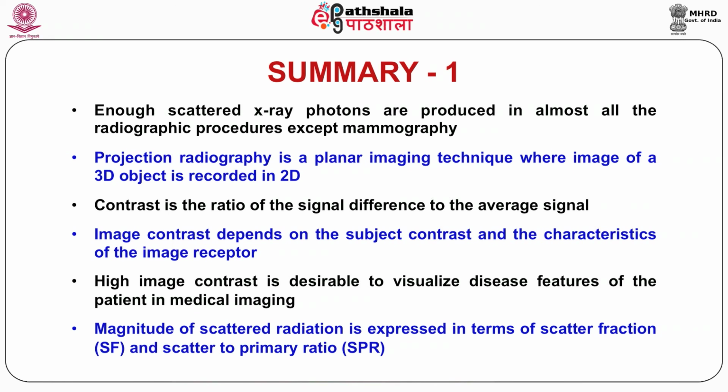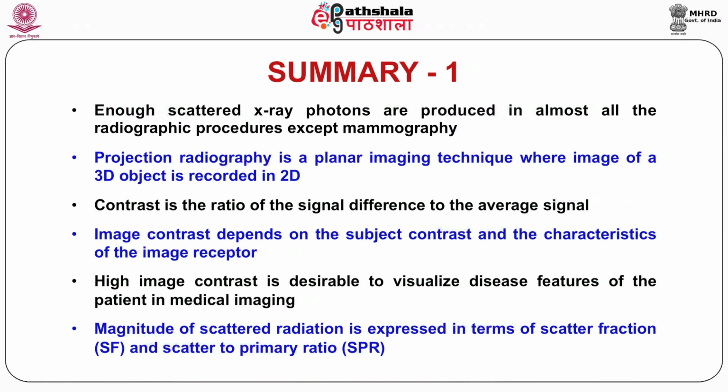Contrast is the ratio of the signal difference to the average signal. Image contrast depends on the subject contrast and the characteristic of the image receptor. High image contrast is desirable to visualize disease features of the patient in medical imaging.